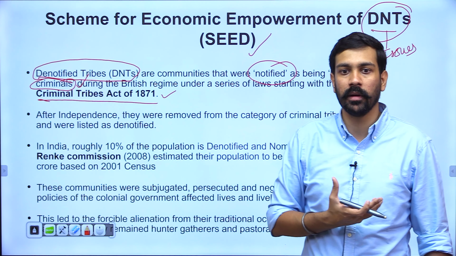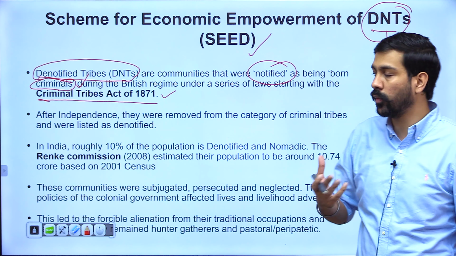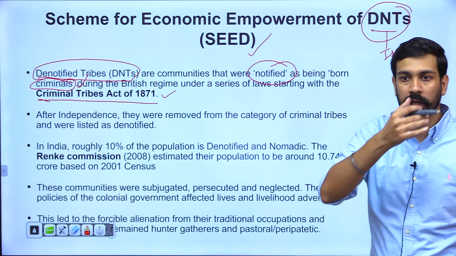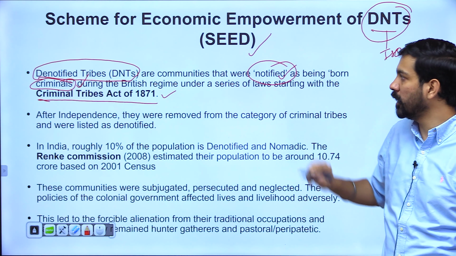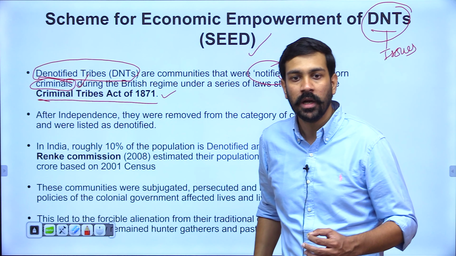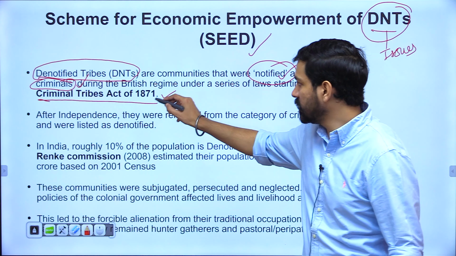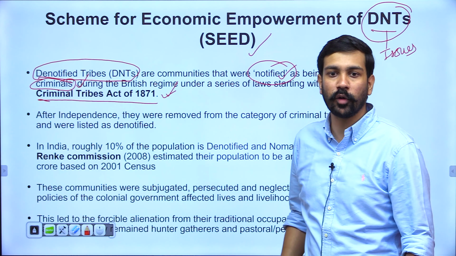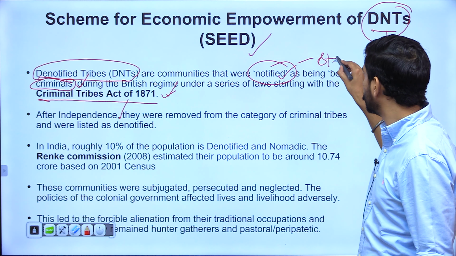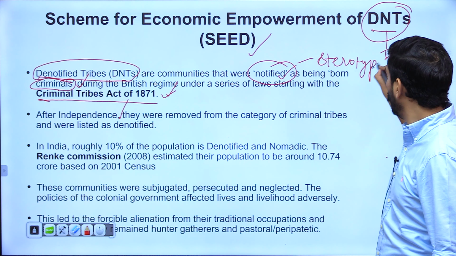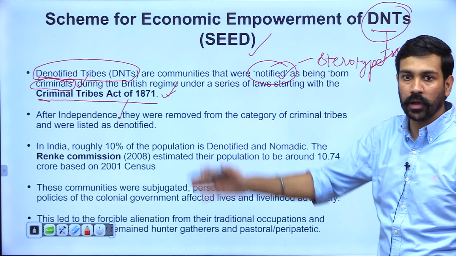How they came to be known as Denotified, we will also see. First of all, who are Denotified? These are the tribes who were notified as being born criminals during the British regime, under the Criminal Tribes Act of 1871. After independence, to stop the stereotypes that were prevailing against these sections, they were removed from this category of criminals and classified as Denotified.